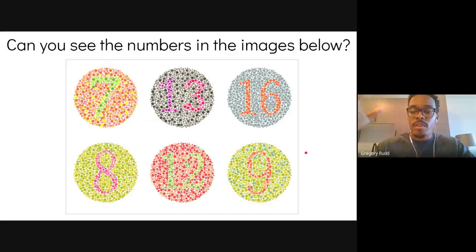Okay, so another sex-linked recessive trait is color blindness. So if you are struggling to see any of the numbers in this image, it either means your computer is messed up, or it means you might be colorblind. You might not be able to see some of the colors that are present here.